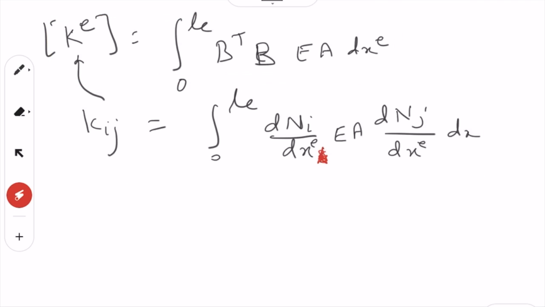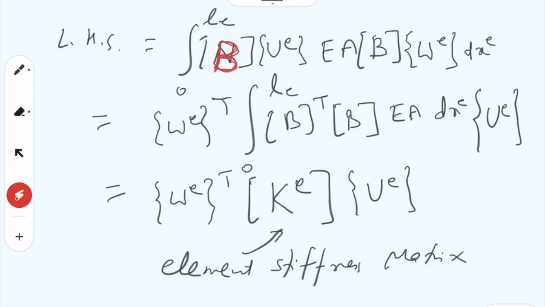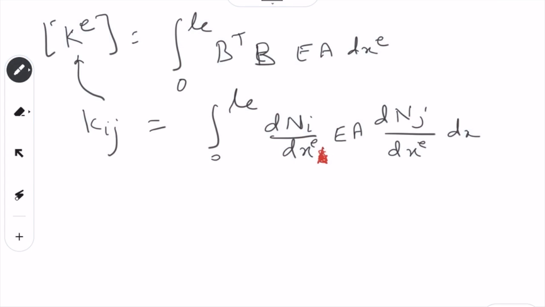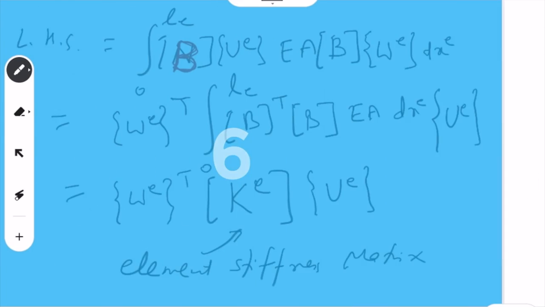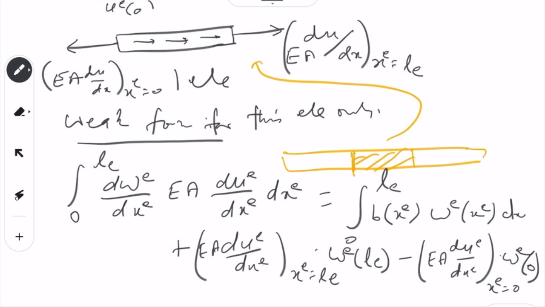So we know from here where these derivative terms come from, so we can say kij. The right hand side also we can work out. On the right hand side we have this value, then we have this also.